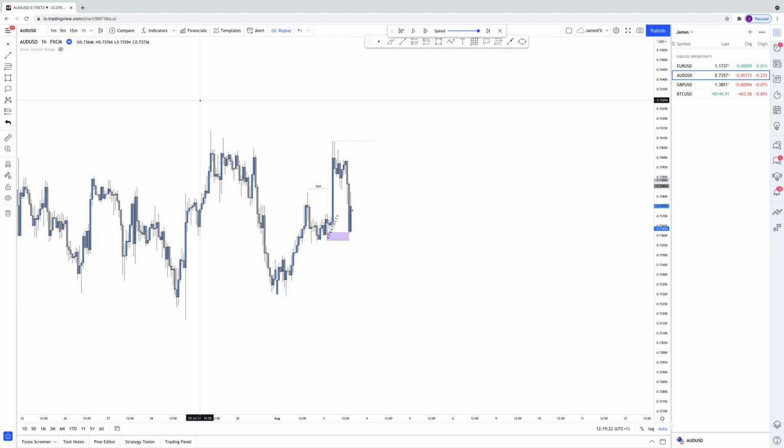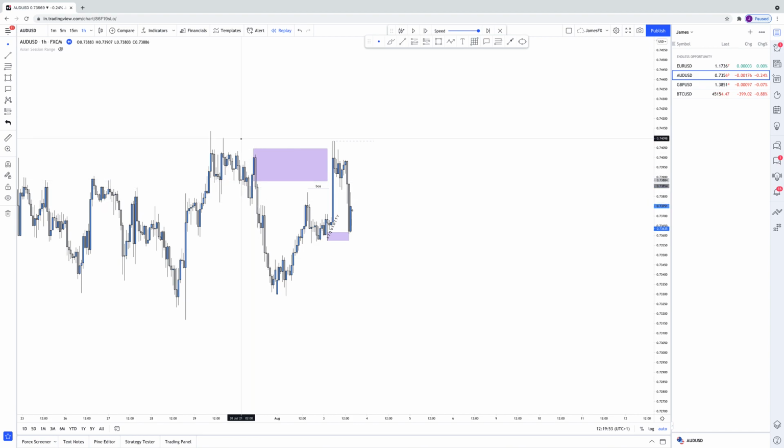And what I'm also looking for is, once demand forms, has it tapped into supply, or has it mitigated or failed supply? What we can see here is the last up close candle, because price pushed down, we put in a new lower low, so we've broken structure, and we've done so leaving imbalance, and we broke with momentum.